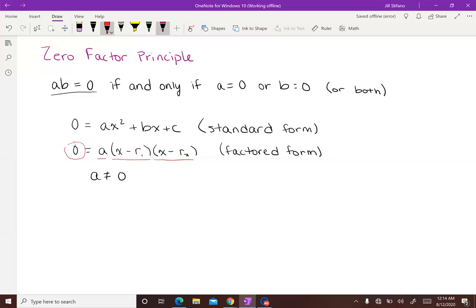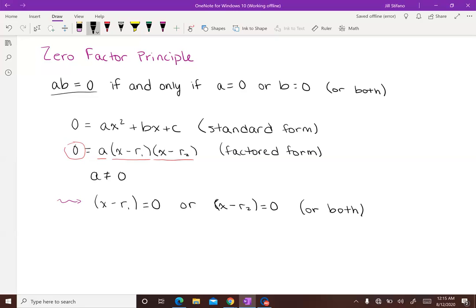So according to the zero factor principle, this says that x minus r1 is 0, or x minus r2 is 0, or both. So now we have some linear equations that we can easily solve.